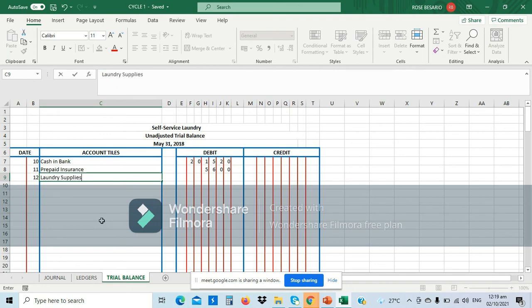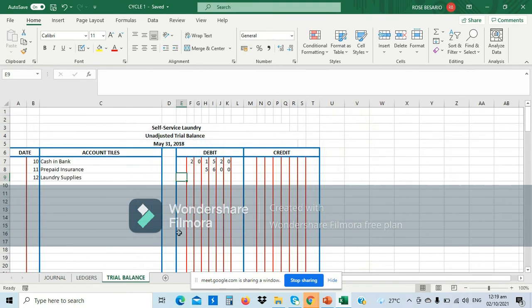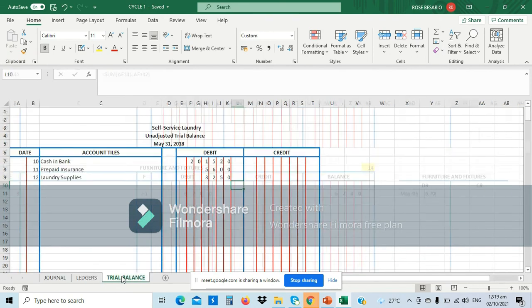The balance is 3,250. Then next is furniture and fixtures.